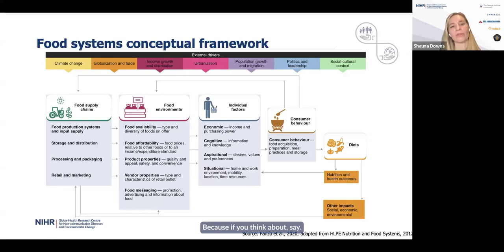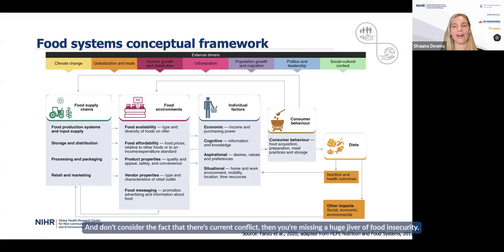Let's just stick with Ukraine. If you are looking at food insecurity in Ukraine and don't consider the fact that there's current conflict, then you're missing a huge driver of food insecurity, right?